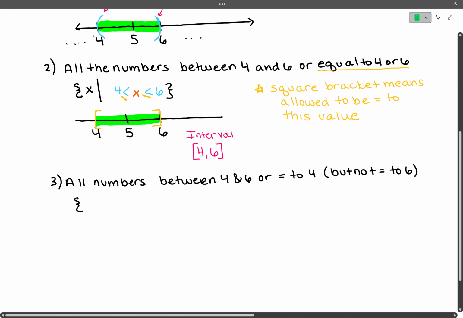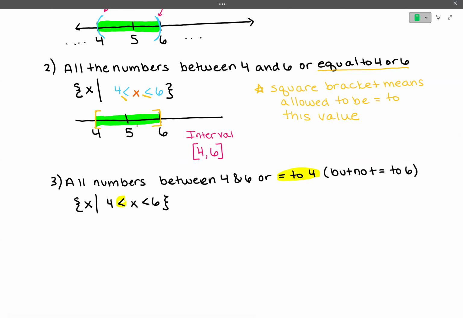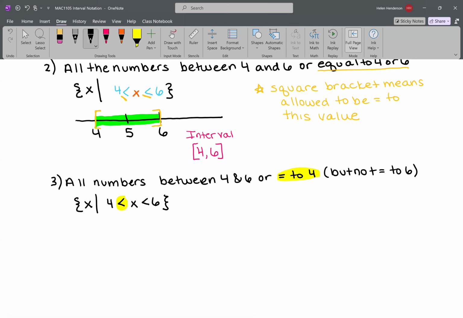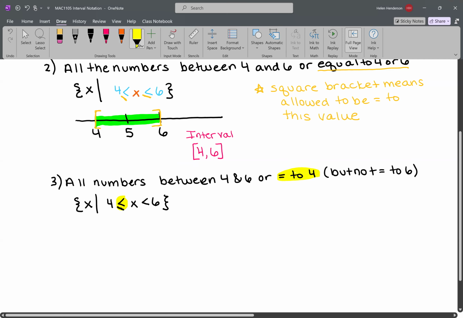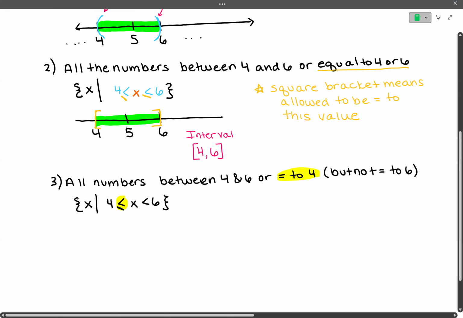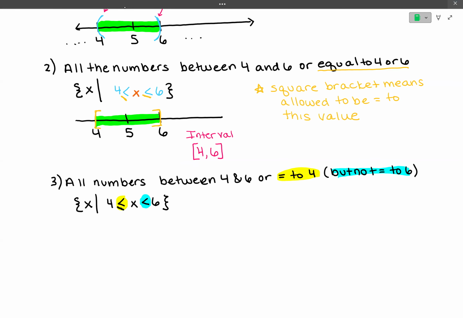So in this set notation, I would have the set of all x such that I would still have my x in the middle, and it would still be between 4 and 6. But now, since I can be equal to 4, this symbol has to get the bar underneath for or equal to. But now the other symbol on 6, not equal to 6, is going to keep this same symbol, just strictly less than.